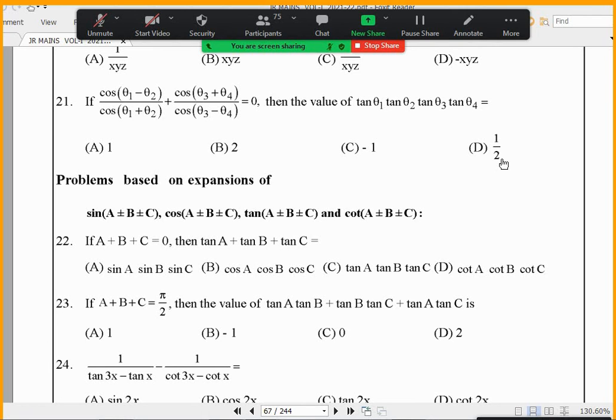In the proof from the second step, you wrote a plus b by a minus b. I divide this by this equal to this by this. That's what I have. Okay. Yes, sir. Completed.